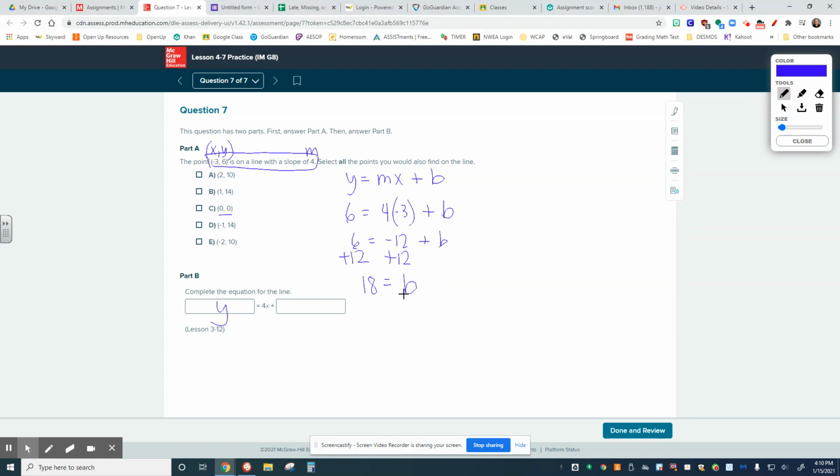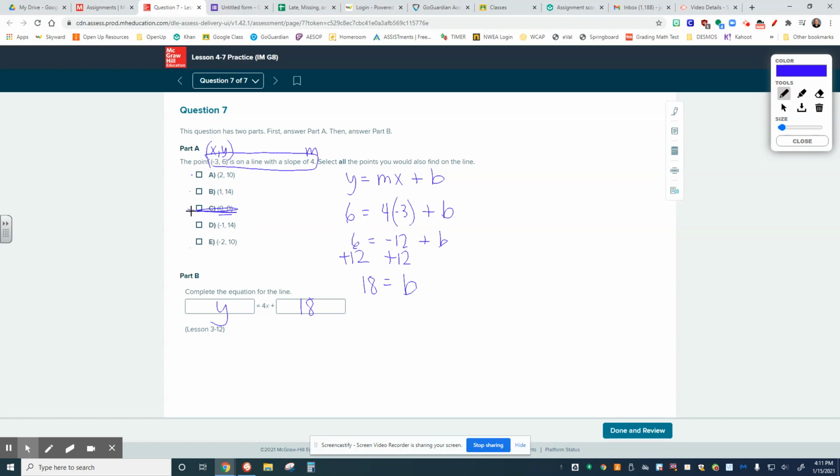So that's my y-intercept. Knowing these values now, I can take each of these ordered pairs and substitute them into the equation to see if they would come out true. Knowing that this is 18, that automatically gets rid of c because that would indicate a different y-intercept.